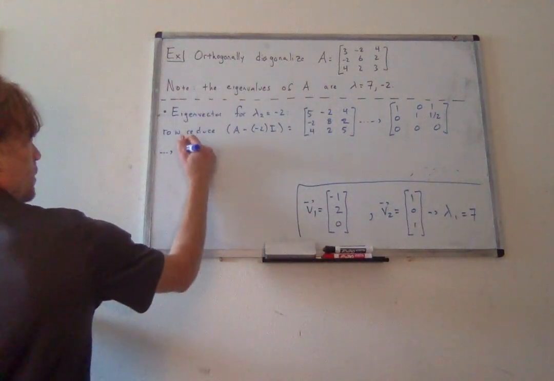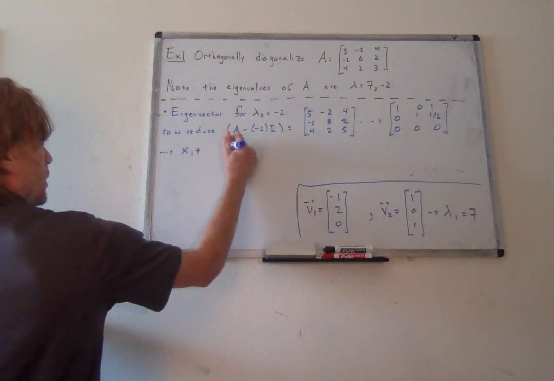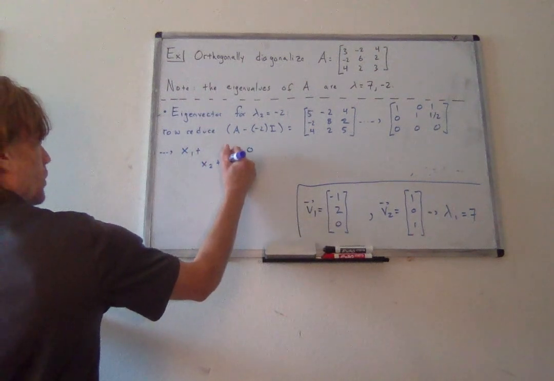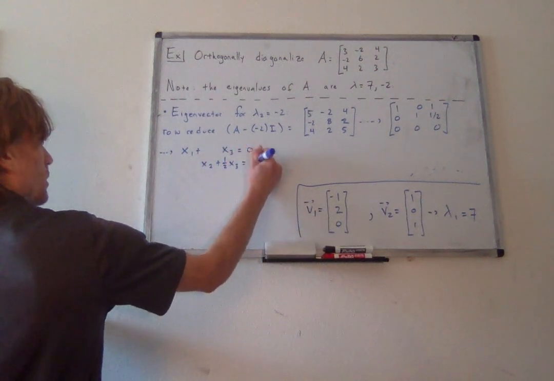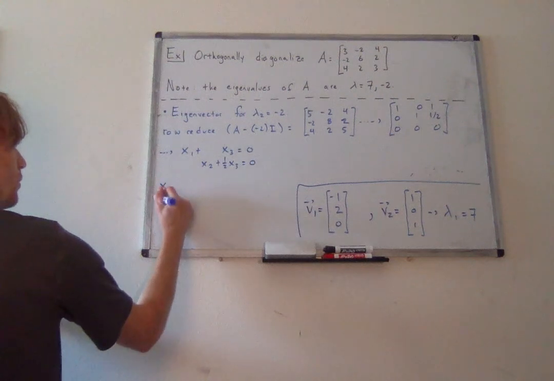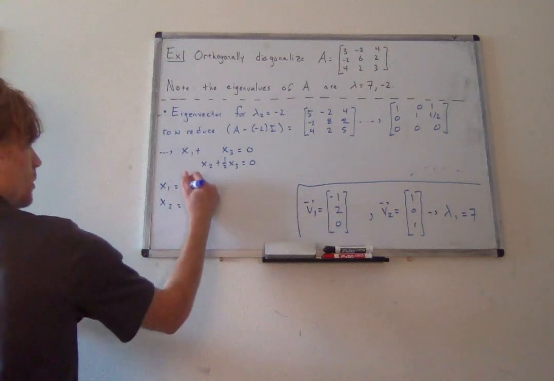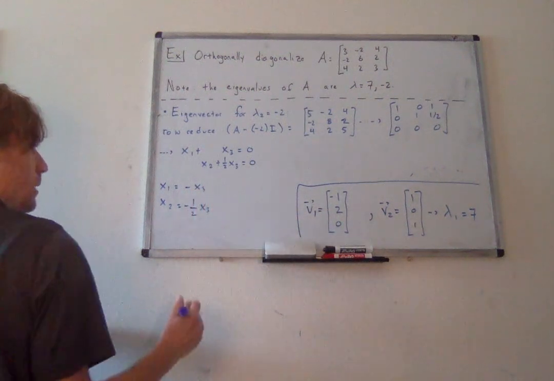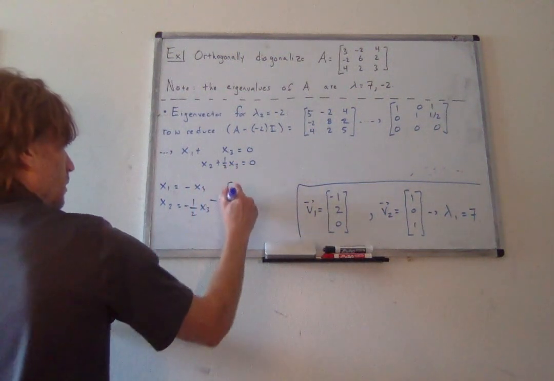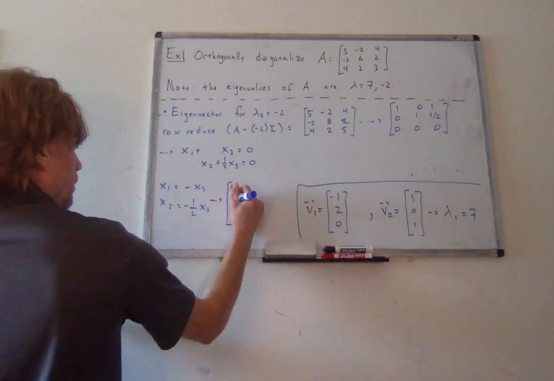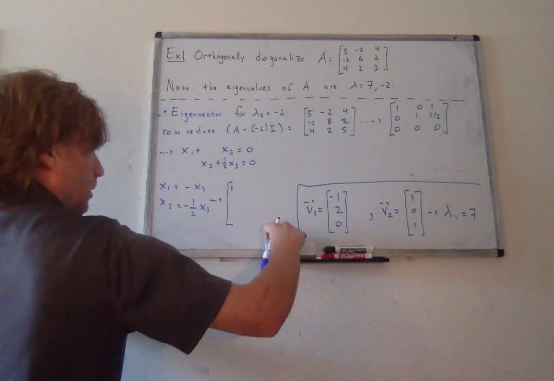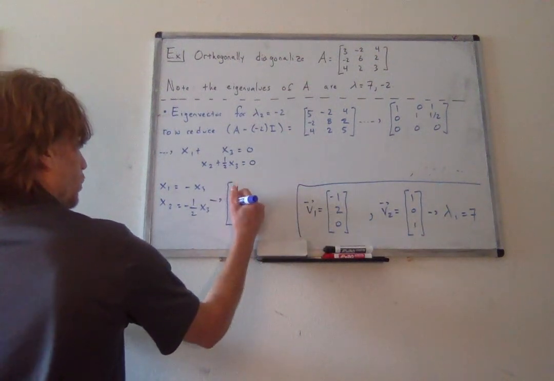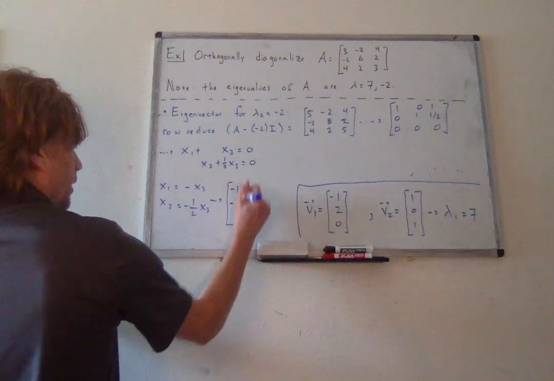So this gives me the homogeneous system x1 plus x3 is equal to 0, x2 plus 1/2 x3 is equal to 0. Solving for my two non-free variables, x1 and x2, I get negative x3 and negative 1/2 x3. And so the parametric vector form would be (-1, -1/2, 1).